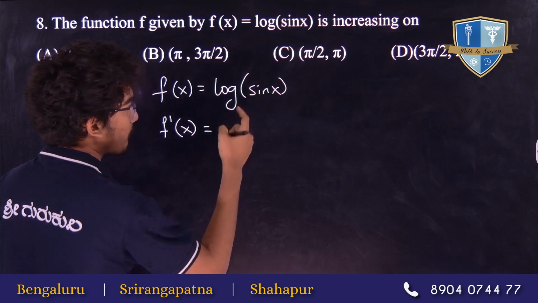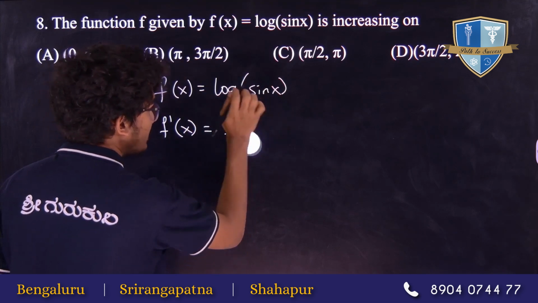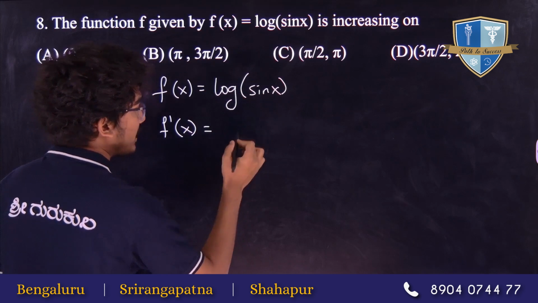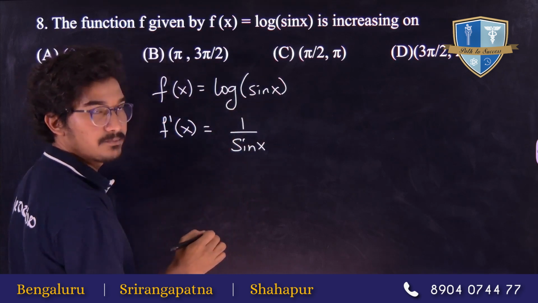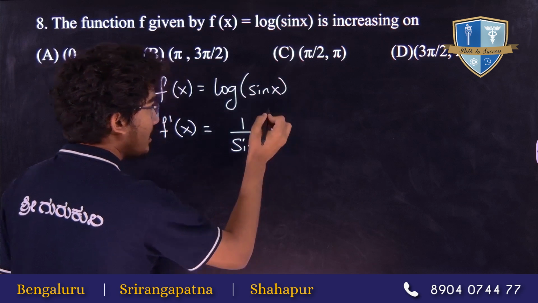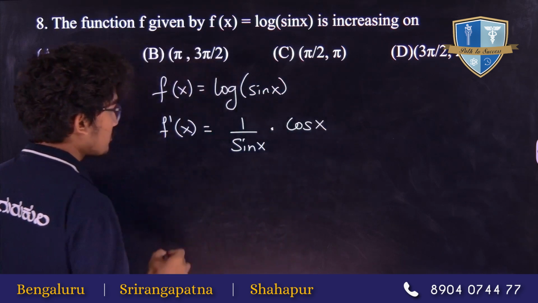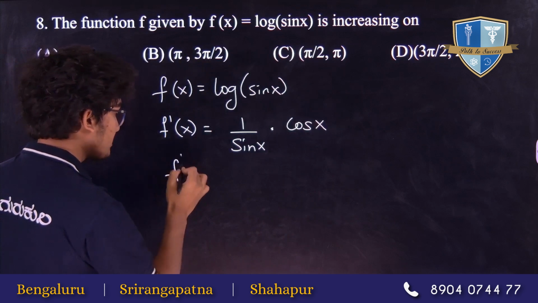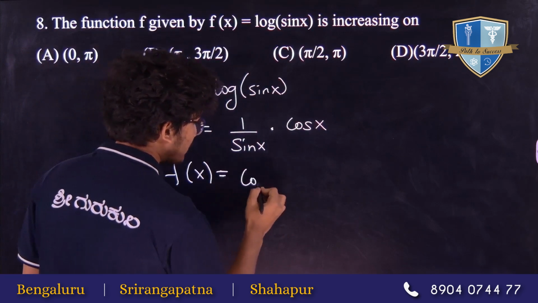So differentiation of log of something will be 1 upon that something, right? We are using a chain rule. So differentiation of log of sin x will be 1 upon sin x. Now there is a function inside a function. So multiply by differentiation of sin x, which is cos x, correct? So we are getting our f dash of x is equals to cot x.